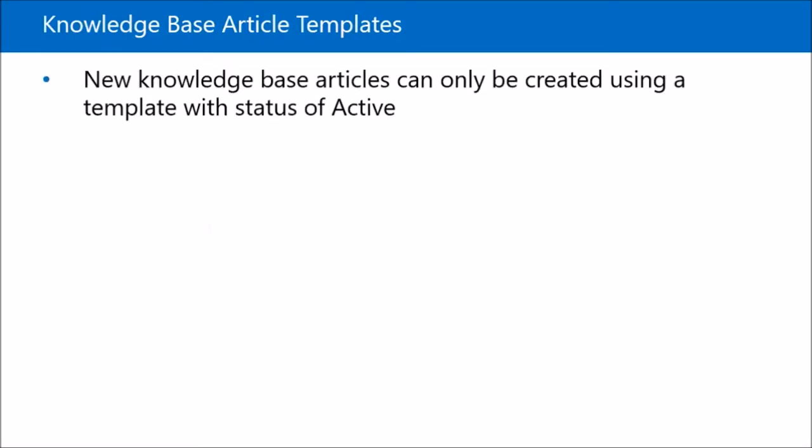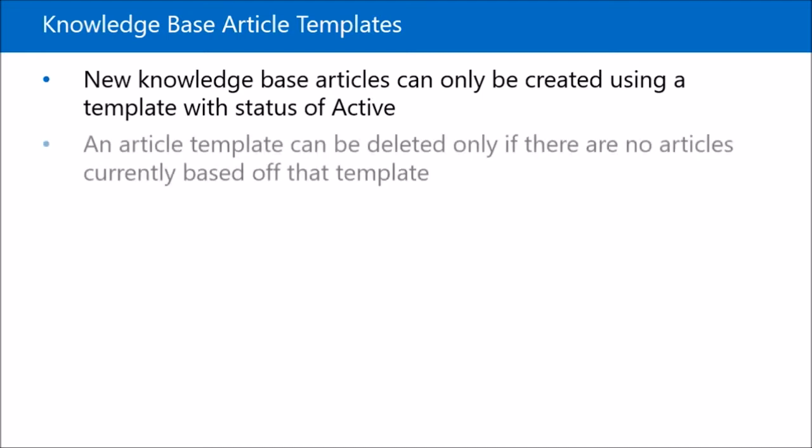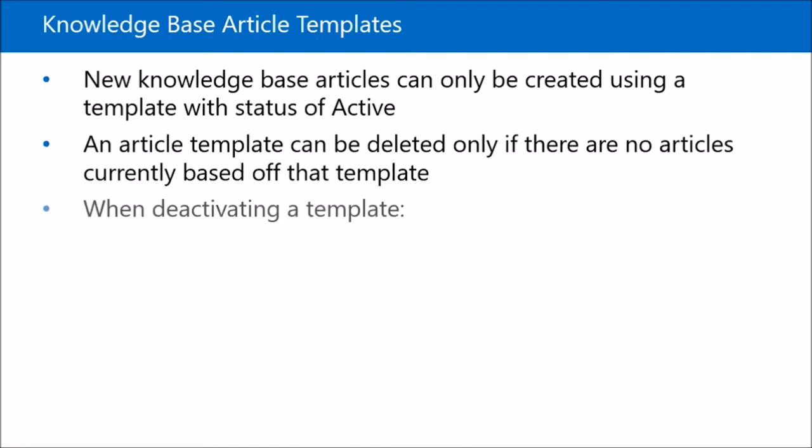New knowledge-based articles can only be created using a template with the status of active. After the article template is created, it can either be deactivated or deleted. However, an article template can only be deleted if there are no articles currently based off of that template.